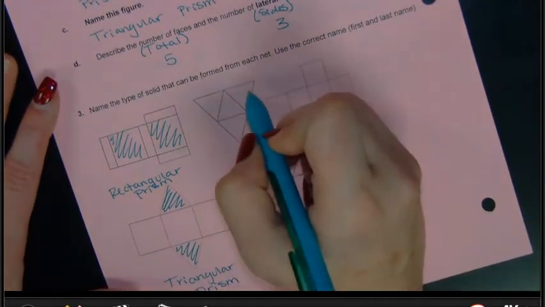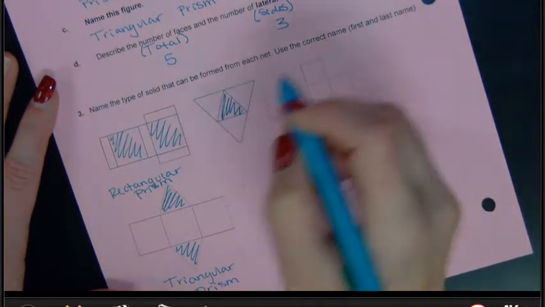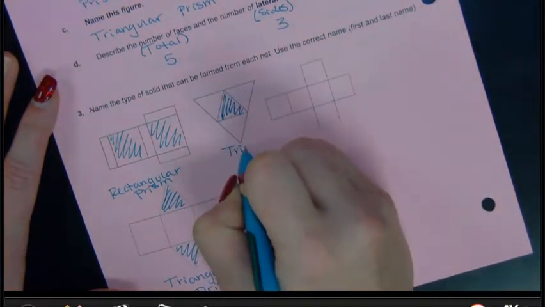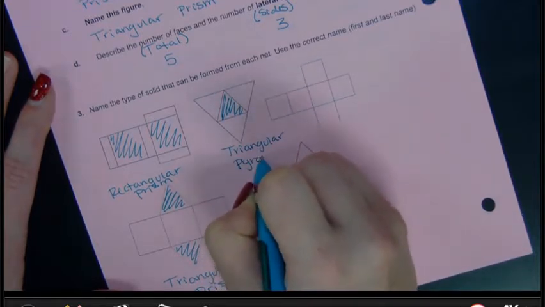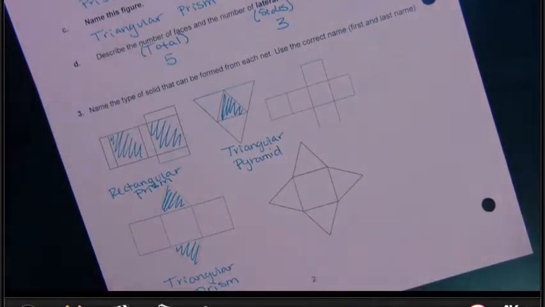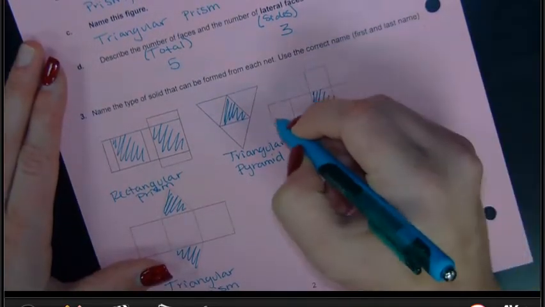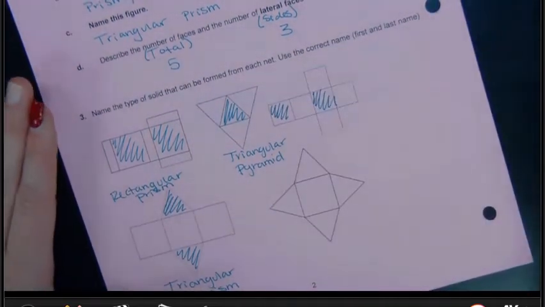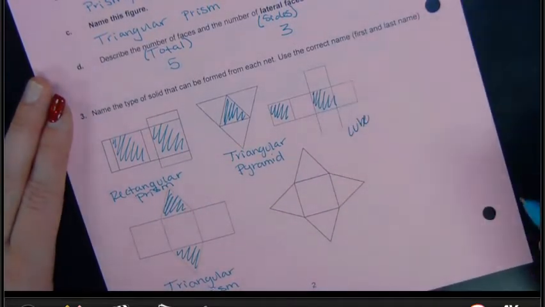I see that I have 4 triangles here, so it looks like I have 3 sides, and then I have a 1 base. So this is a triangular pyramid. And then this right here looks like I have all equilateral squares. And it looks like if I were folded all up, I would get a cube.